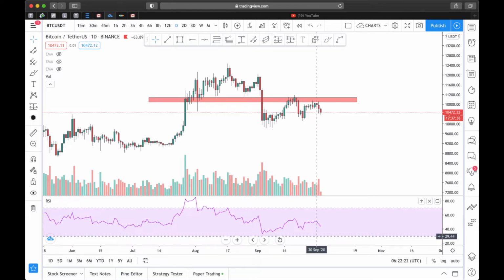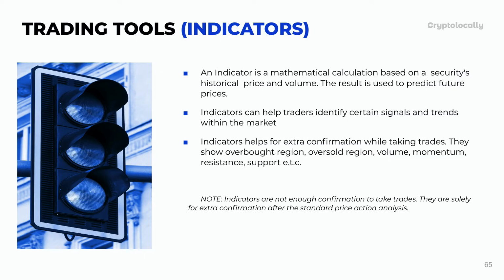Remember that overbought is when an asset is selling too expensive and it is time to get rid of that product. And oversold is when an asset is selling too cheap and you want to buy into that product. Do you understand? You don't want to be selling at oversold and you don't want to be buying at overbought. Remember that. I said before, you use indicators for confirmation.